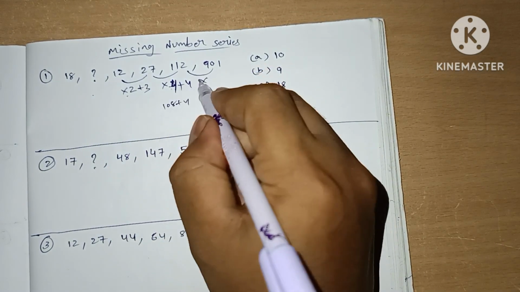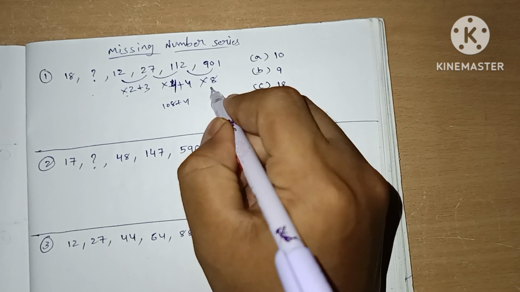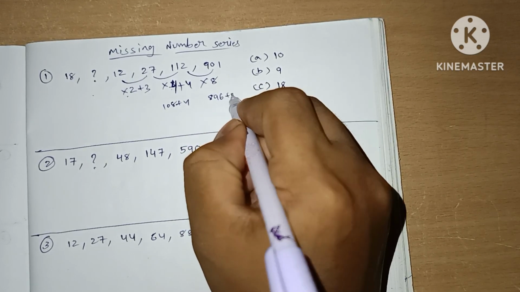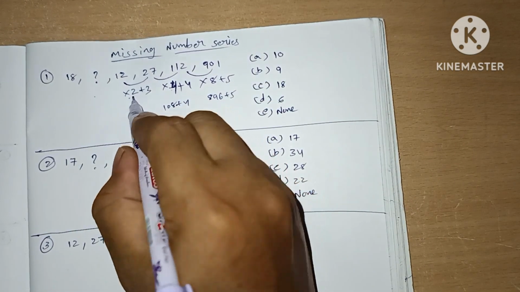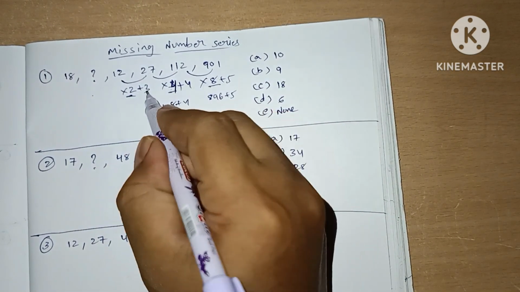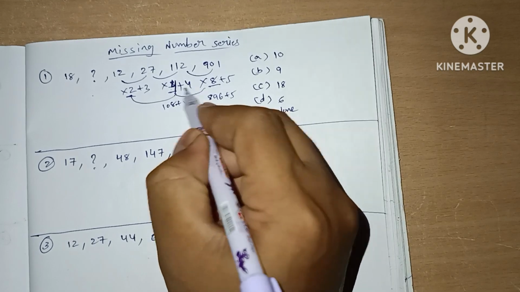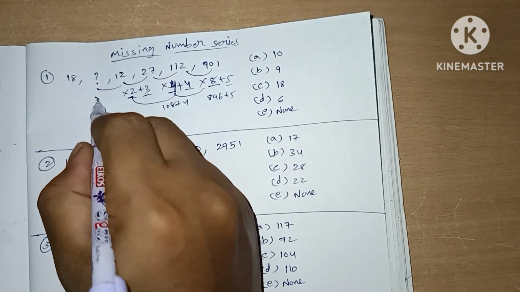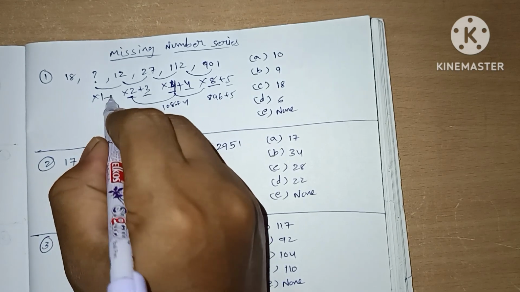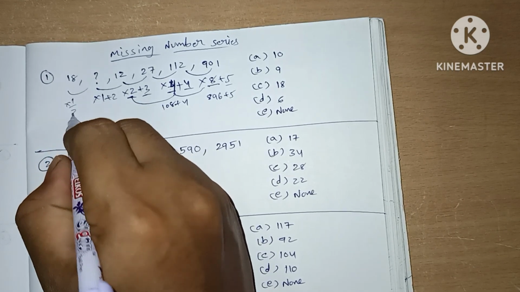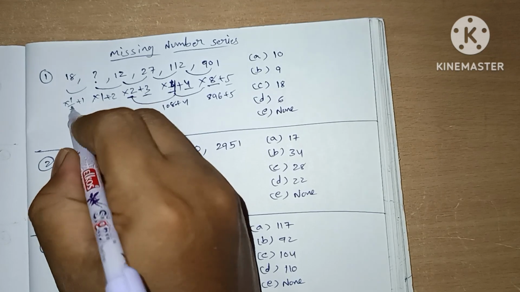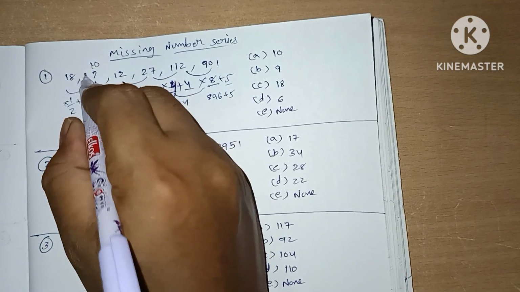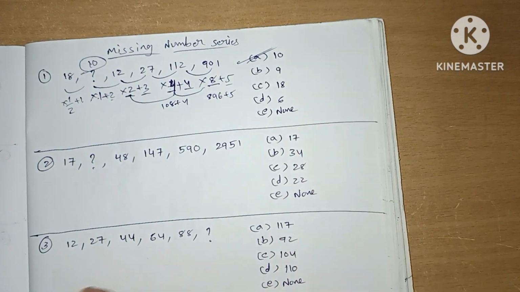Here it is into 8 times will be 896 plus 5. So the first digits are double, the next digits are 2, 3, 4, 5. Okay, so it must be into 1 plus 2, it must be into half plus 1. Half will be 9, 9 plus 1 will be 10, 10 1 times will be 10, 10 plus 2, 12. Okay, so our answer will be 10. Option A is our answer.